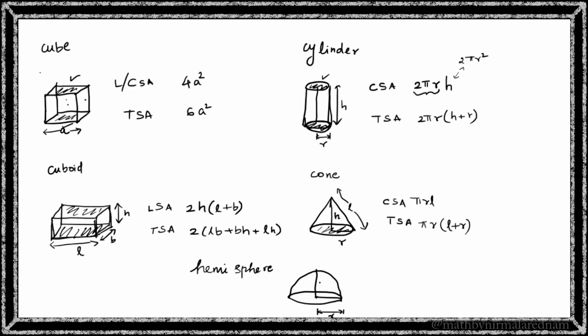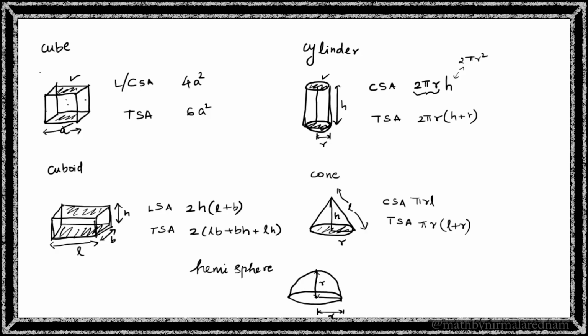You have to always keep it in mind, because in some questions in the exercise, we are going to use this particular fact, that the height of this hemisphere is nothing but the radius.